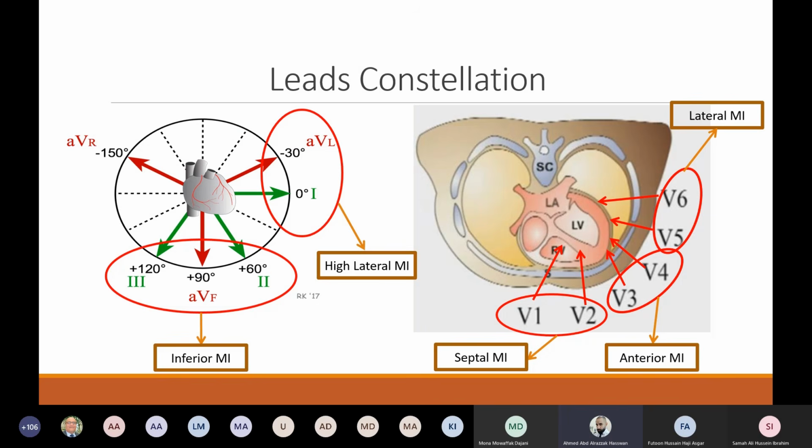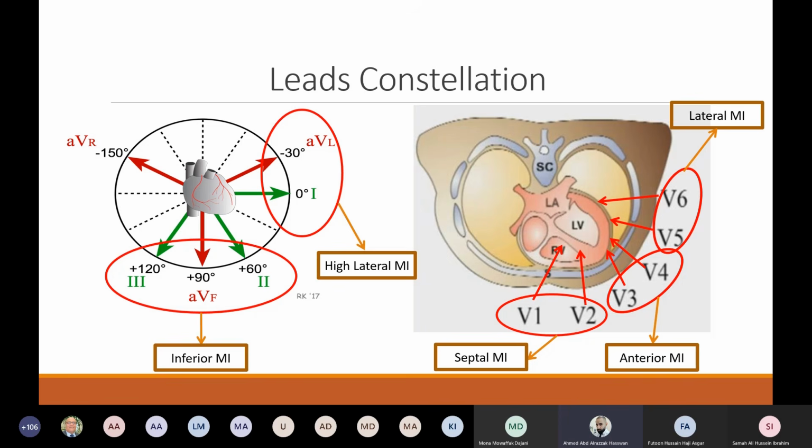Usually the ST segment elevation or abnormalities follow a pattern, the arterial pattern. If the right coronary artery is occluded, then it affects the inferior side. If the left anterior descending artery is occluded, it affects the anterior. If the circumflex, it affects the lateral. So usually it follows a vascular territory. It's not random. We find it in certain constellations.